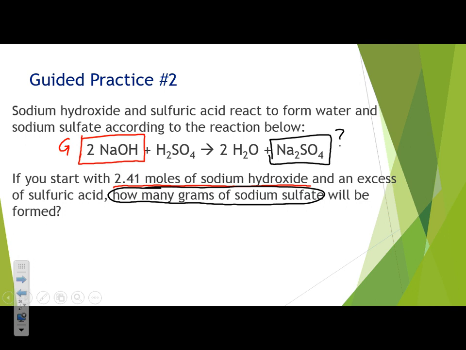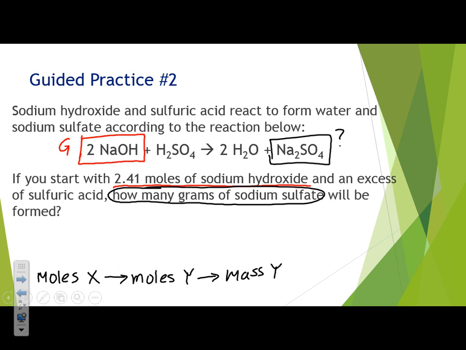Now notice this problem. We started with moles. We are looking for grams, or a mass. So this is actually what we did yesterday. We are going from moles of X to moles of Y to the mass of Y.